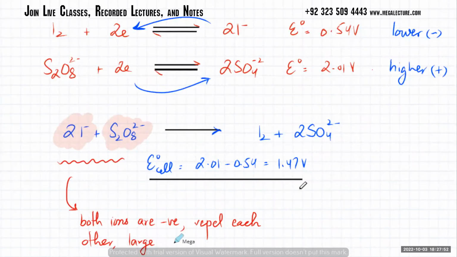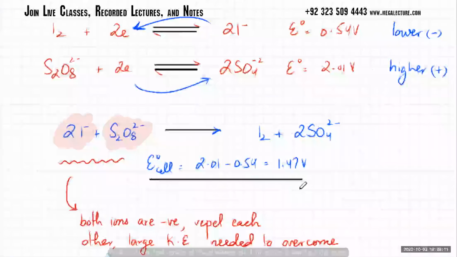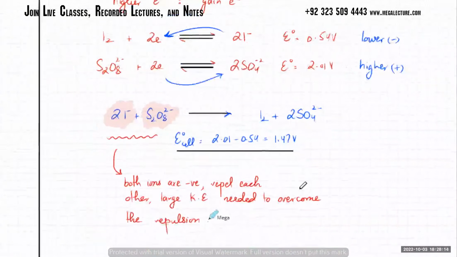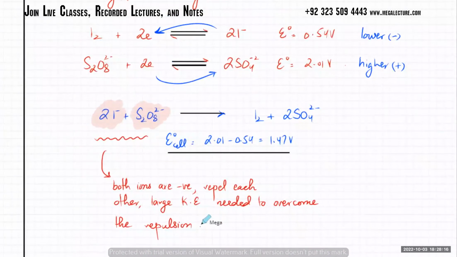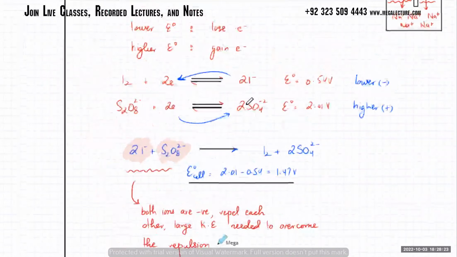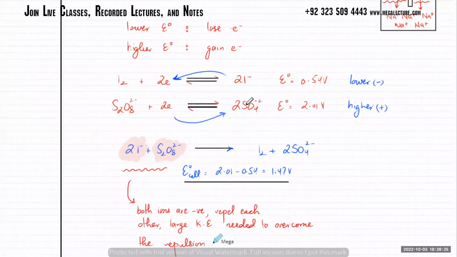So large kinetic energy would be needed to overcome the repulsion. So it's got a very, very high activation energy. So that's one thing. We've understood why this reaction will not happen.